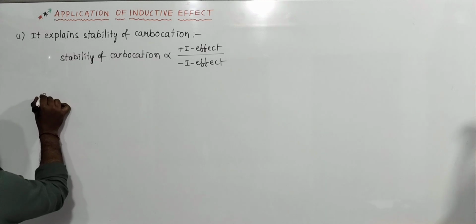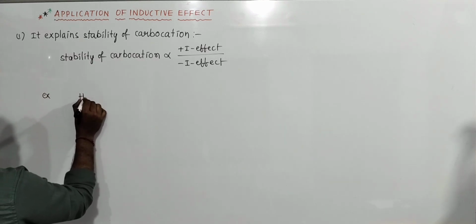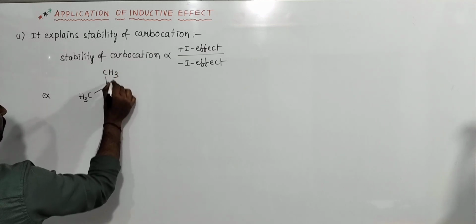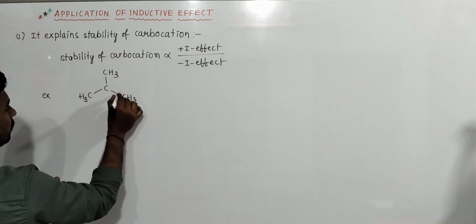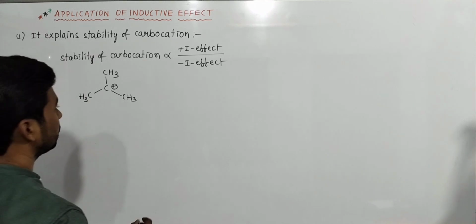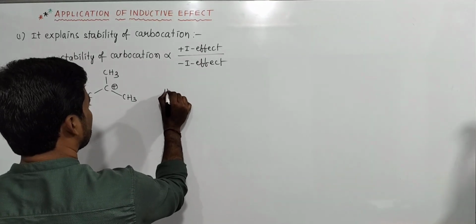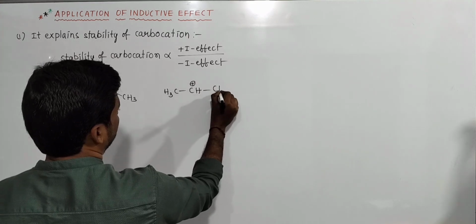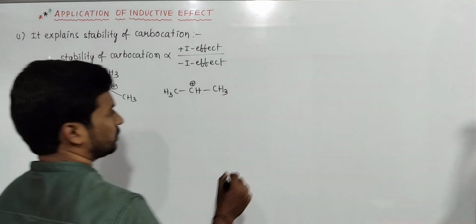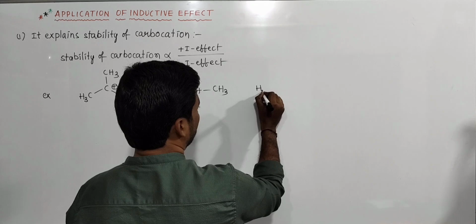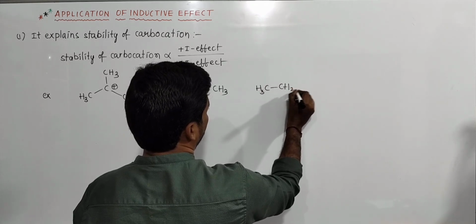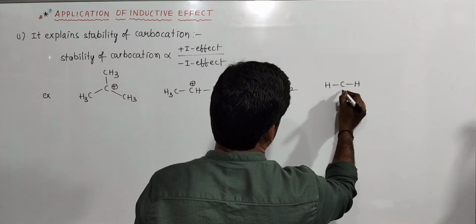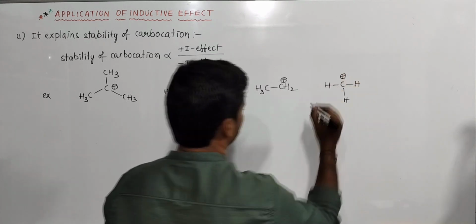Example: taking tertiary carbocation, carbon carrying positive charge. Next, secondary carbocation, primary carbocation taking ethyl carbocation, and simple methyl carbocation, super primary carbocation.